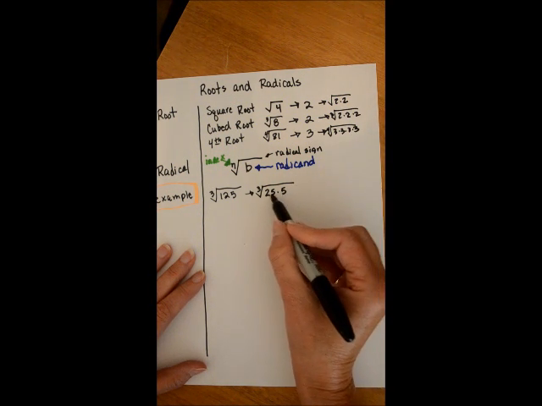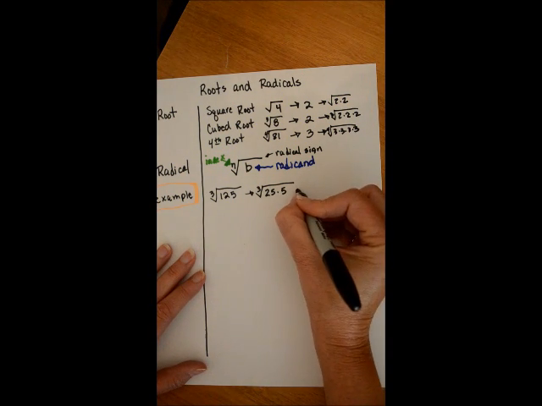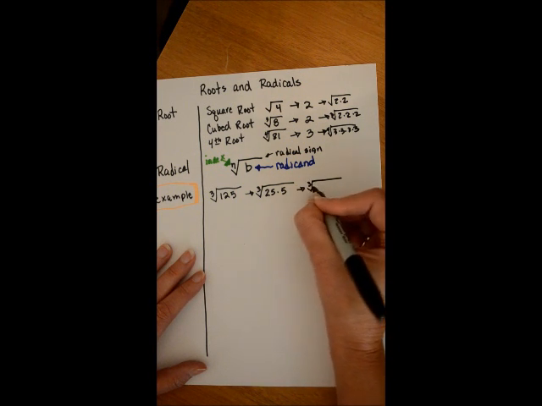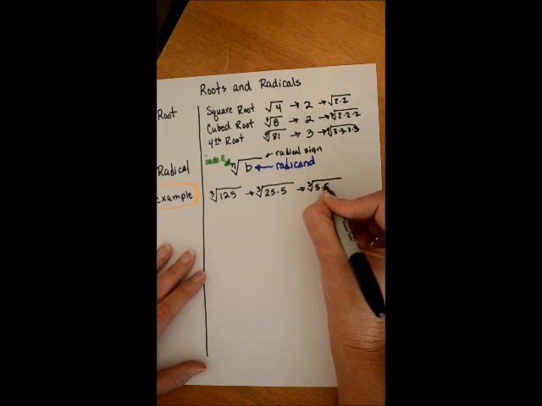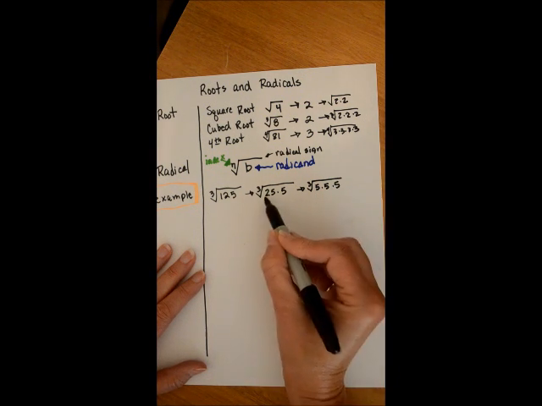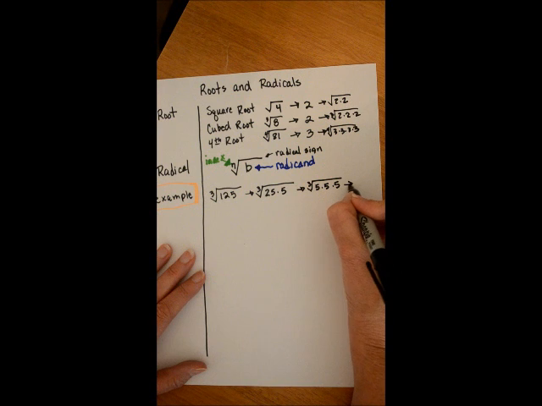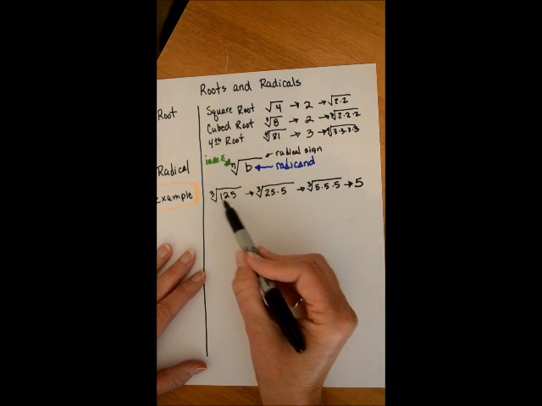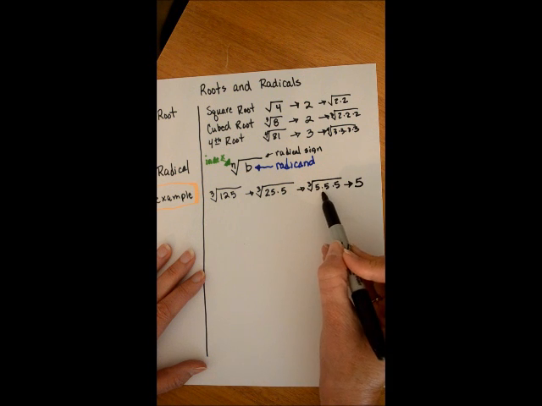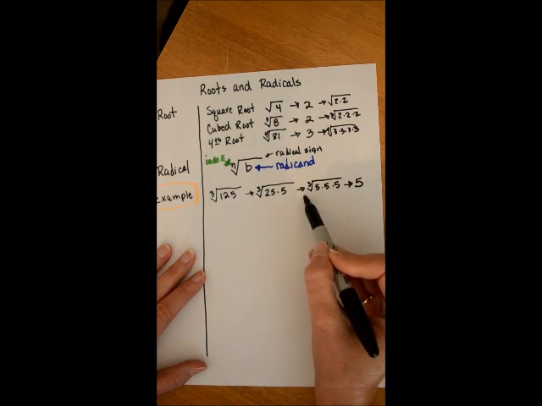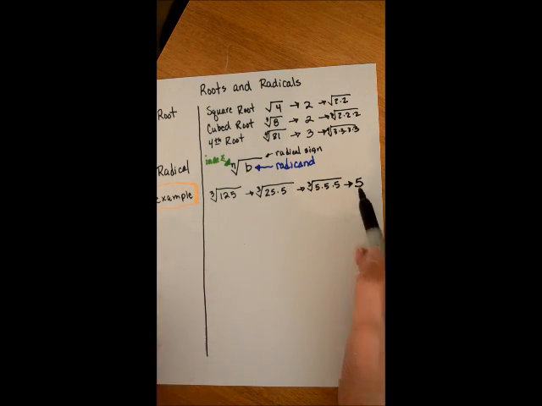Okay, well here I only have a 25 and a 5, and I need 3 of something to be able to simplify this thing. Well, 25 is 5 times 5. So now you can see I have 5 times 5 times 5, which is going to give me, in the end, 5. So the cubed root of 125, I broke it down. I have 1, 2, 3. I can put all those together, bring it outside the radical sign, and my answer is 5.